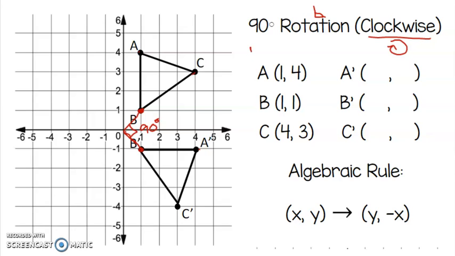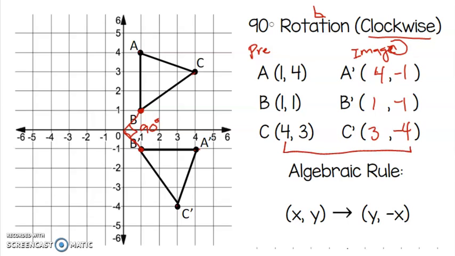So we have our pre-image and we have our image, and talking about how that changes, right? Well, I can look at my graph because I have the picture. This becomes 4, -1. B prime is 1, -1. And C prime is 3, -4. Which is what our rule is showing us, right?